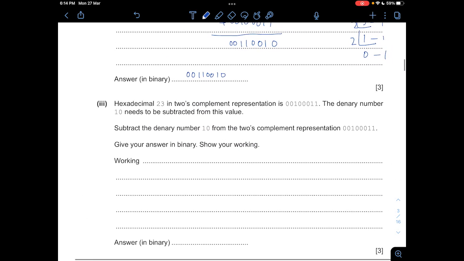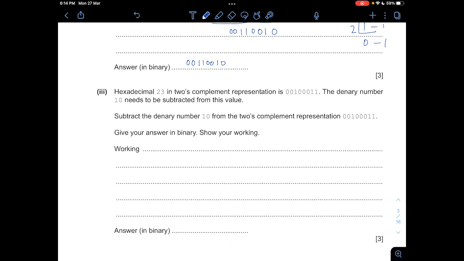Okay, so hexadecimal 23 in 2's complement representation is 00100011. Denary number 10 needs to be subtracted from this value. Subtract the denary number 10 from the 2's complement representation of 00100011. So we need to subtract the number. First of all, we need to convert the denary number into 2's complement representation, or binary, but it has to be in 2's complement.